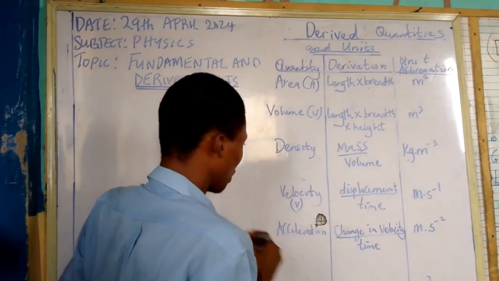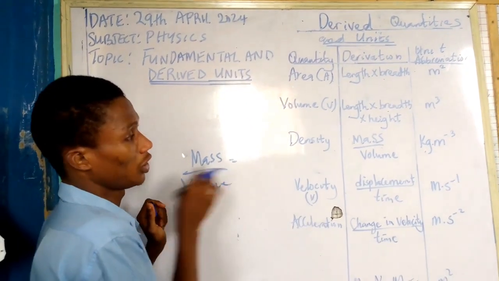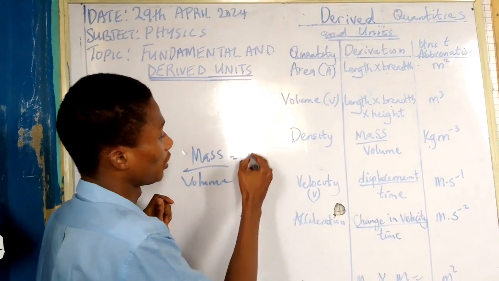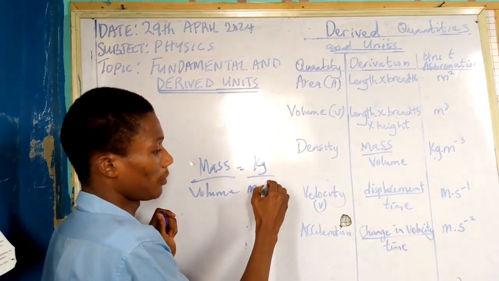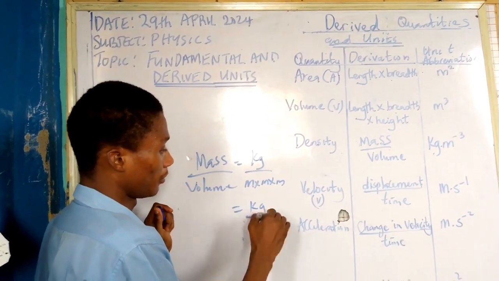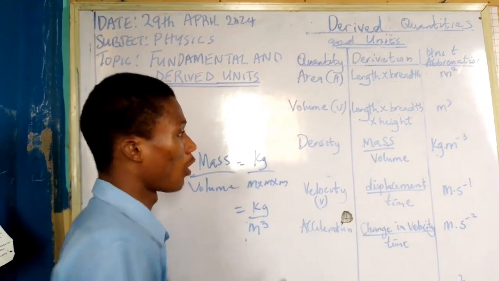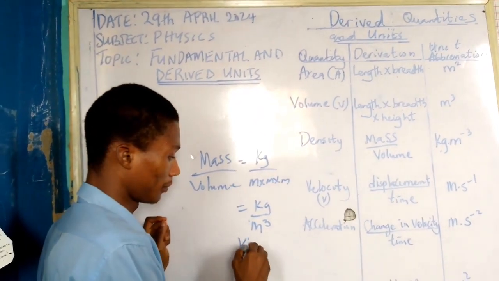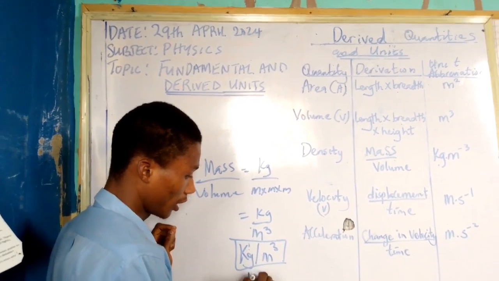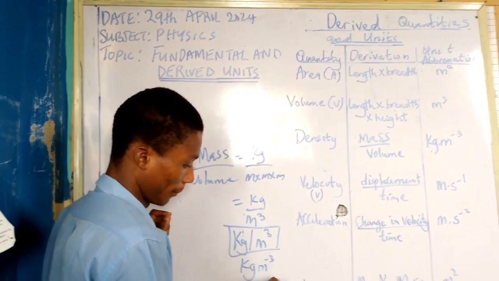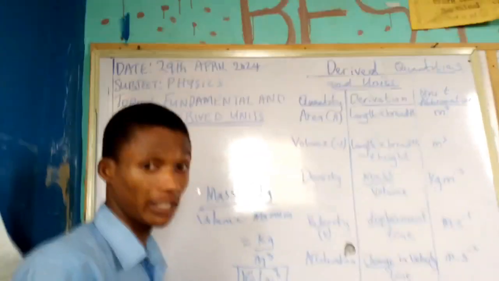So now, since we have mass over volume, the unit of mass from our fundamental quantity is kilogram, and the unit of volume, which is m times m times m, that's m raised to power 3, gives us the unit of density as kilogram per meter cube. You can write it like this, or you write it kilogram meter to the power of minus 3. Do you get it? This one is your understanding of indices.